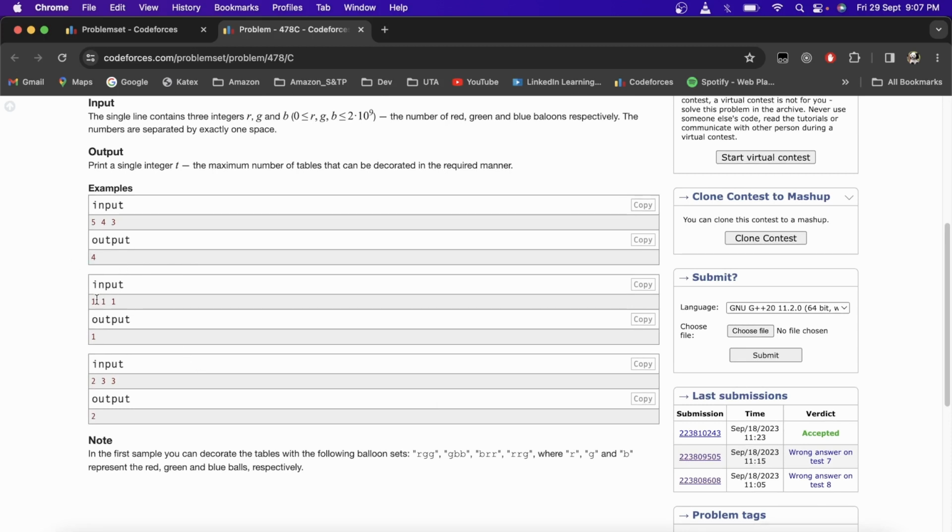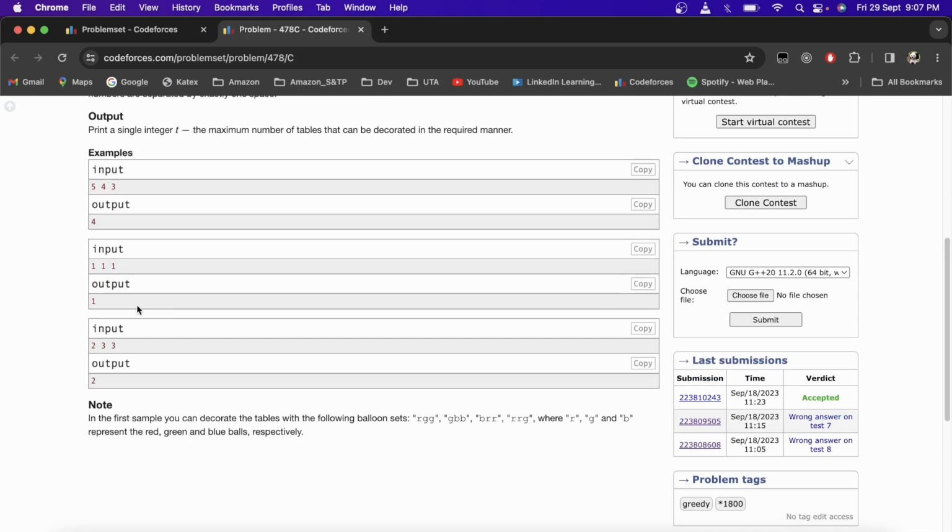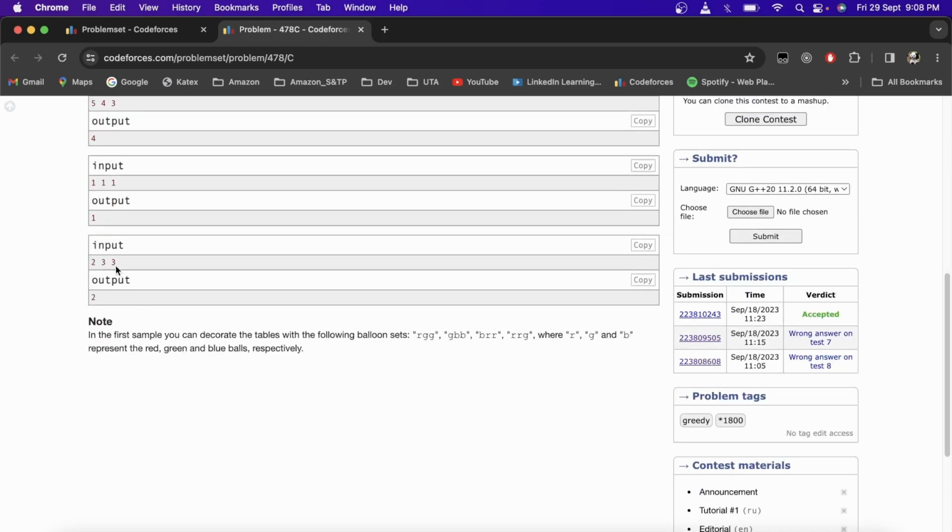And for the second, it's easy to see that the answer to the problem is 1, because we can take one red balloon, one green, and one blue. And for the third, we can see that the answer is 2, because if we sum all of these, it will come out 6 plus 2, 8.